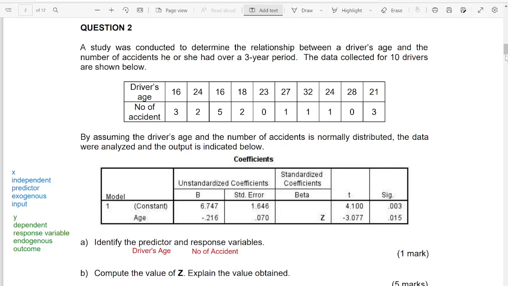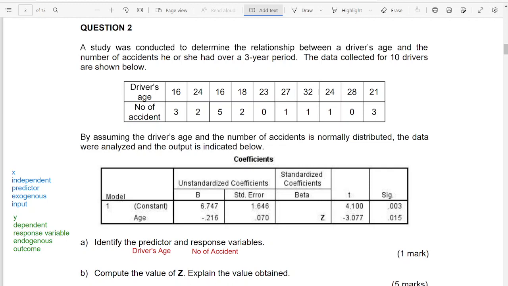So in this situation, what you need to do is first get the standard deviation for the driver's age and the standard deviation for the number of accidents. How to do that? You can just use your calculator to calculate these values. How to calculate standard deviation, you can check in my YouTube channel.